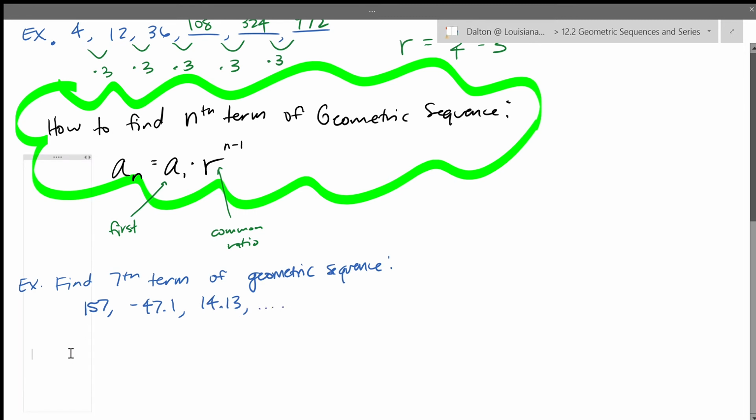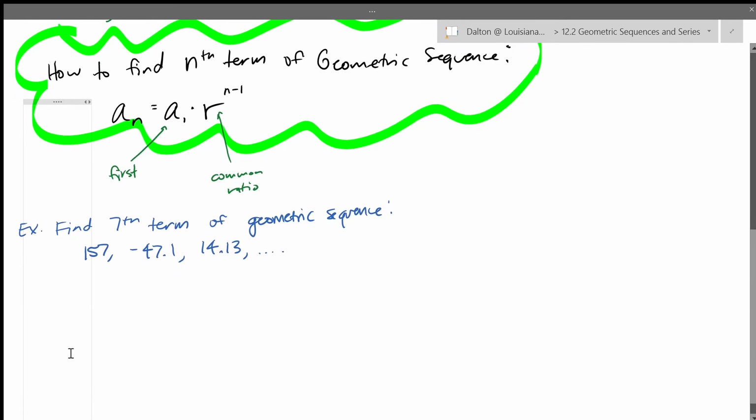So if I want to know the 7th term, I'm going to use this equation up here. And in order to do that, I already know a sub 1, the first term. The only other thing that I need to find is r, the common ratio.